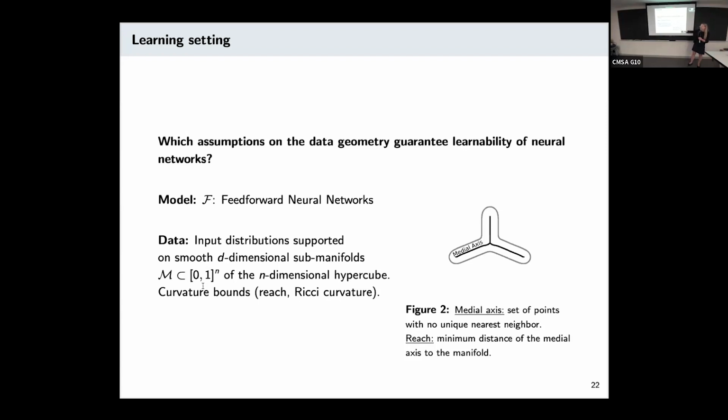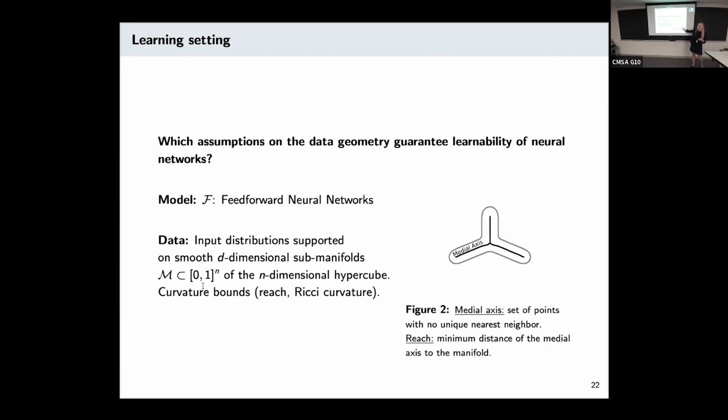So I have a quick cartoon here. What you see here is a tree fork. That's the medial axis of the gray set. That's the set of all points that don't have a unique nearest neighbor on the manifold. And then the reach is just the minimum distance of that medial axis to the manifold.